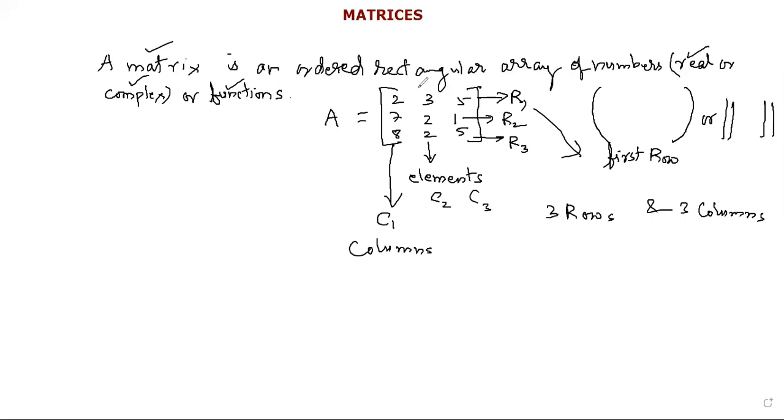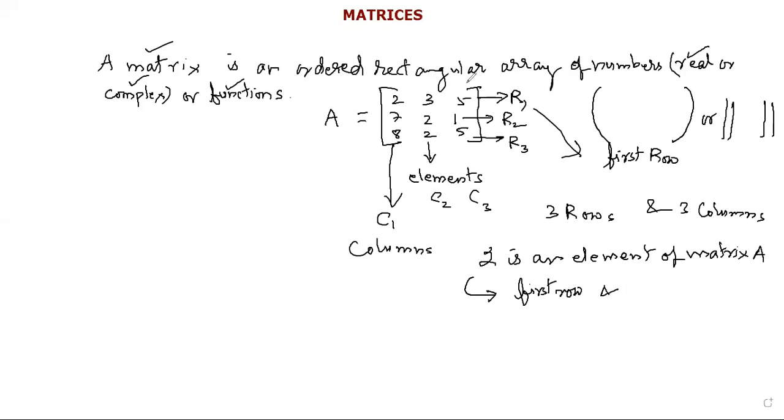So, and these elements, if you see this 2, what is this 2? 2 is an element of matrix A. If you see the position of this 2, it lies in first row and first column.